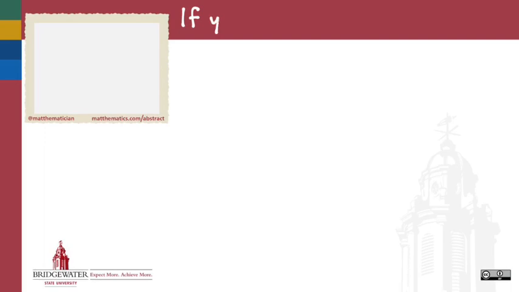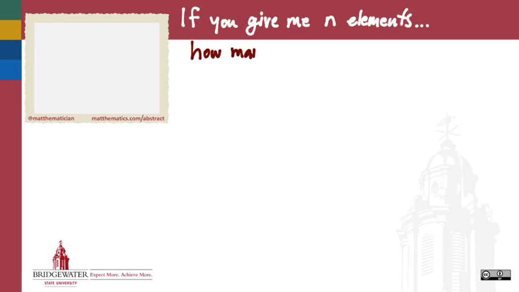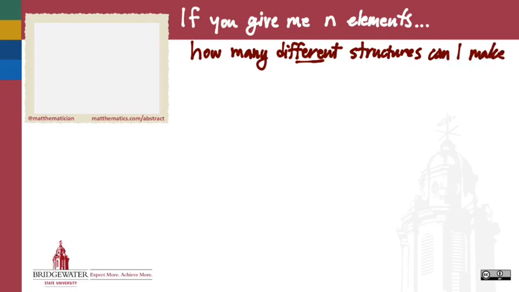If you give me a finite set of elements, let's say n elements, how many different group structures can we make? And the word different here is probably the slipperiest part of this statement. Ultimately, we can define a structure just by a Cayley table, a multiplication table for it.